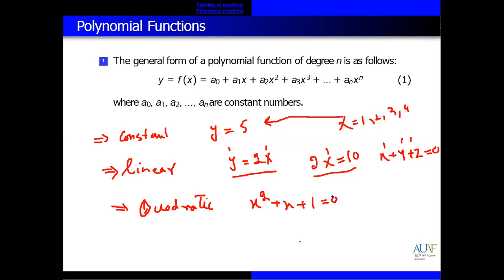This is a quadratic equation. Or the function y is equal to x square plus 1. These are called quadratic functions. Any equation or function whose highest power is 2 is called a quadratic function. Clear? So what are the types of polynomial? Constant function, linear function, and quadratic function.